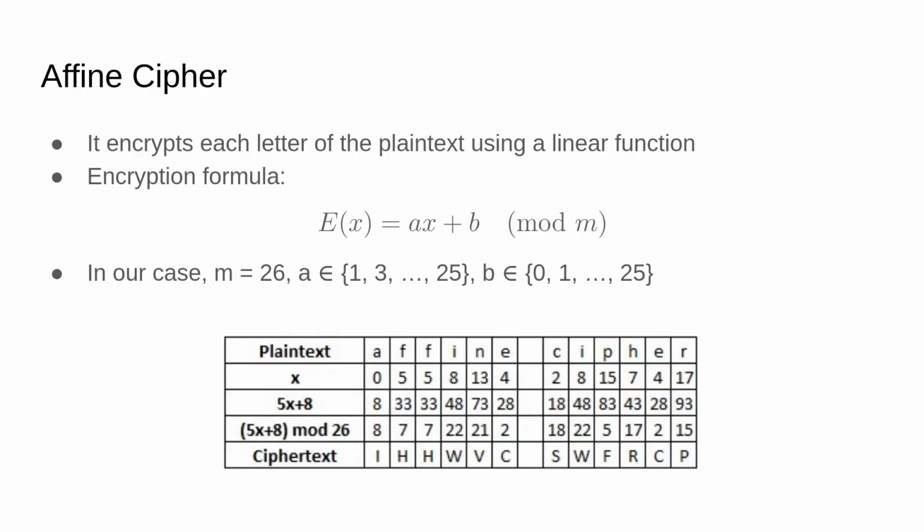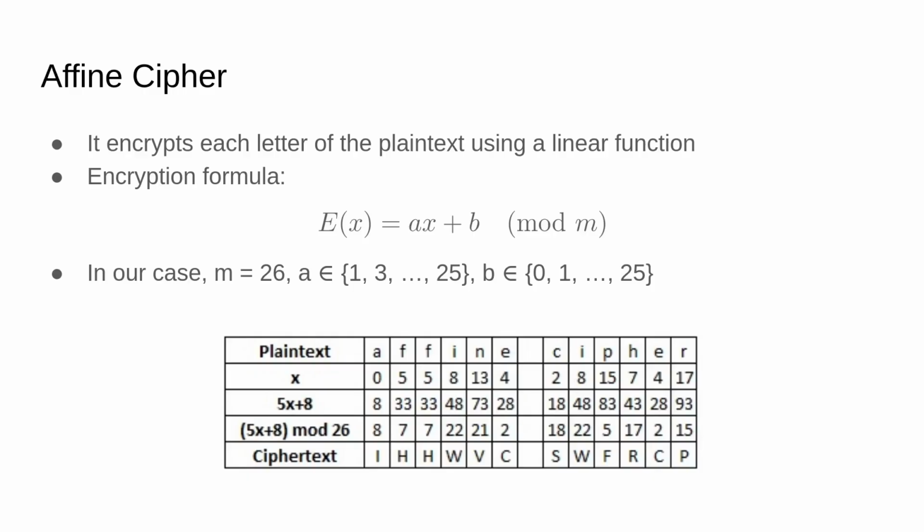Then we apply the linear function, mod 26, to get a result in the range of 0 to 25, and then convert them back to letters. For the letter E, for example, it first gets turned into 4, because E is the fifth letter. And 5 times 4 plus 8, mod 26, is 2. And 2 is the third letter, which gets turned back to the letter C, and so on.